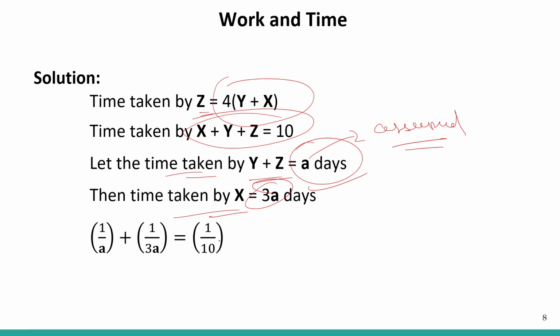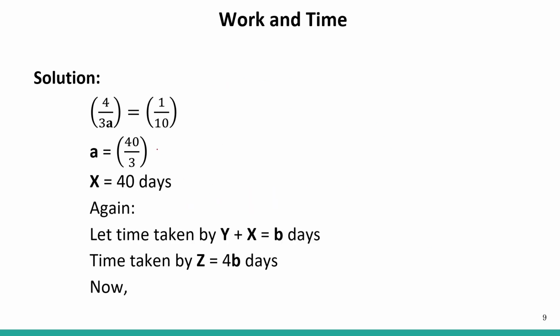So 1 by A plus 1 by 3A is equal to 1 by 10. Solving this, 3A is equal to 10 into 4, which implies that A is equal to 40 by 3. So X is equal to 40 days.